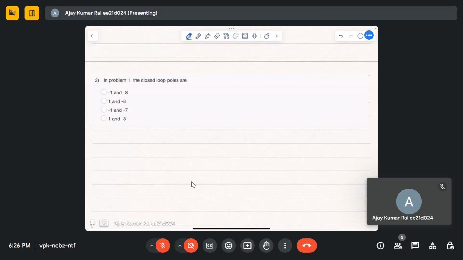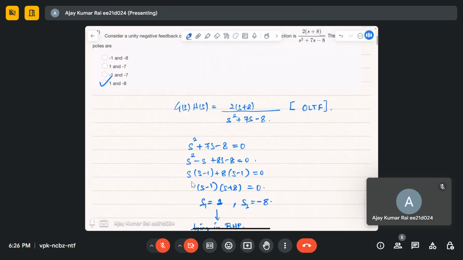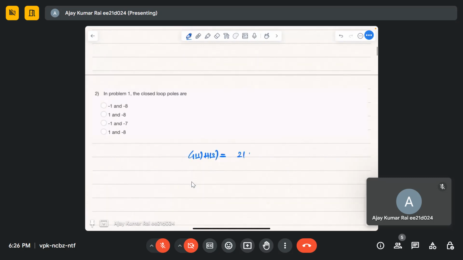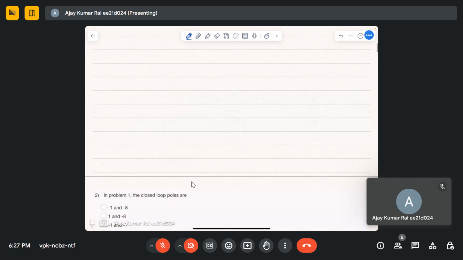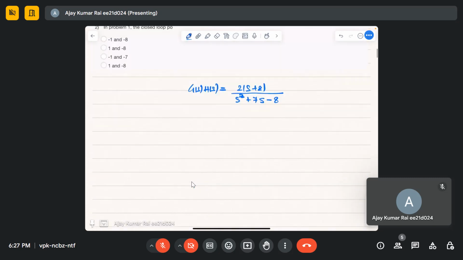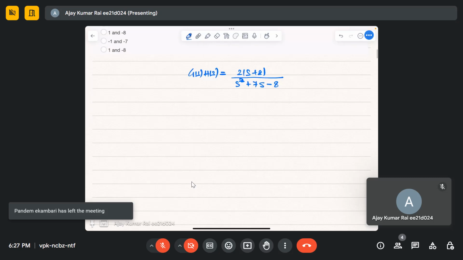In problem 1, the closed loop poles are what? I quickly do this, it's very simple. How do we find the closed loop transfer function?